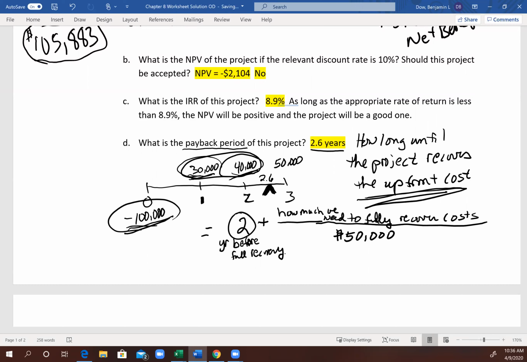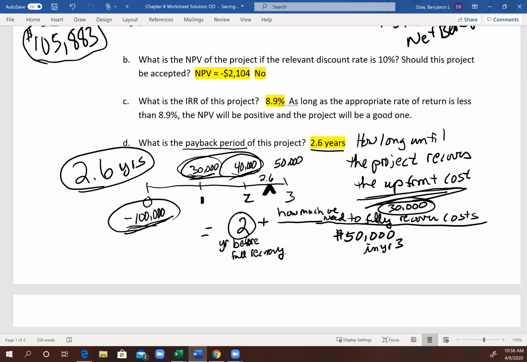I need 30,000 to get full recovery, and I'm getting 50,000 in year 3. So it turns out to be 2.6 years. This project would have a payback of about 2.6 years.